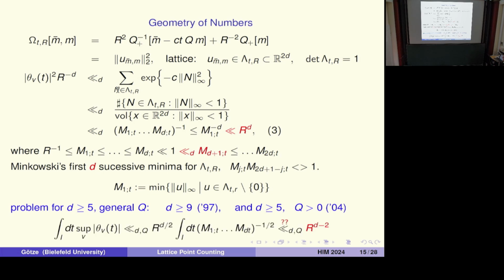So the question is, just to put it like this, you have here the Poisson summation thing, and here you have another thing which is more or less r to the d minus 2, with some codimension. And to prove this codimension 2, that is the problem, what you have to do.